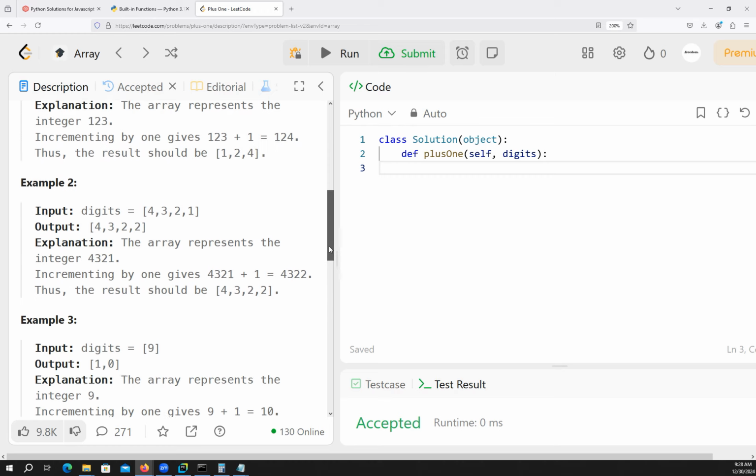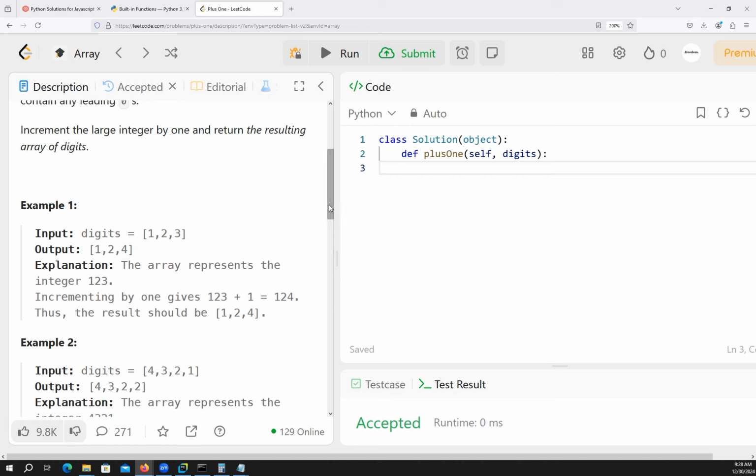So really the strategy with this one that I came up with, and I think this is a pretty obvious one that anybody would come up with, is to take your list of digits, convert it to an actual multi-digit integer, increment by 1, and then you get your result, and then you convert that result back to list form somehow.